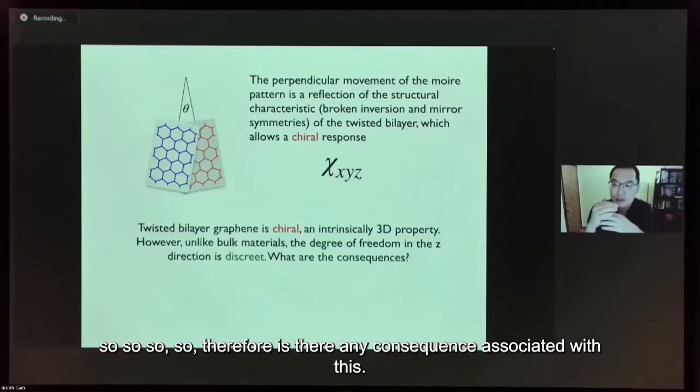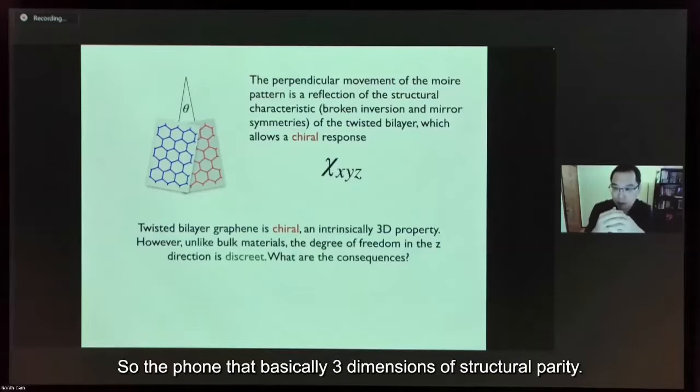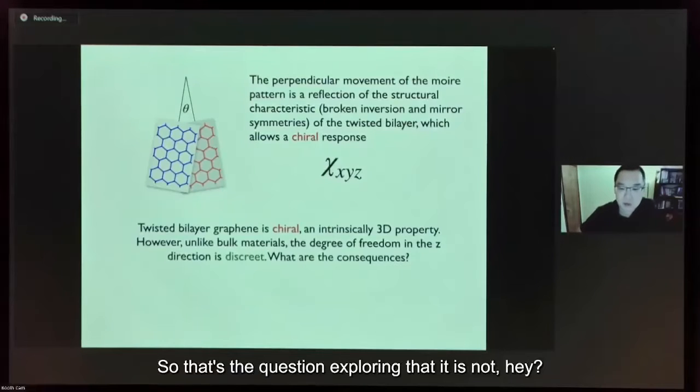So is there any consequence associated with this three-dimensional structural chirality in what we mostly regard as two-dimensional electron systems? That's the question we are trying to explore in this talk.